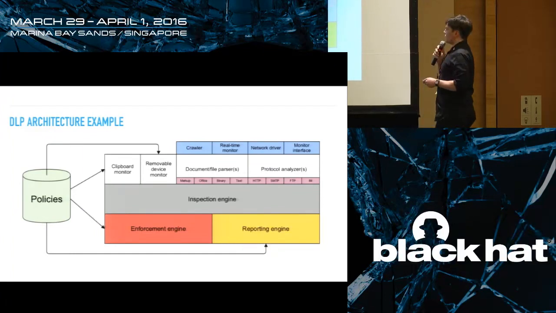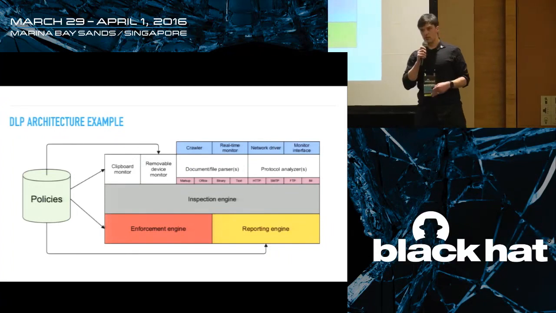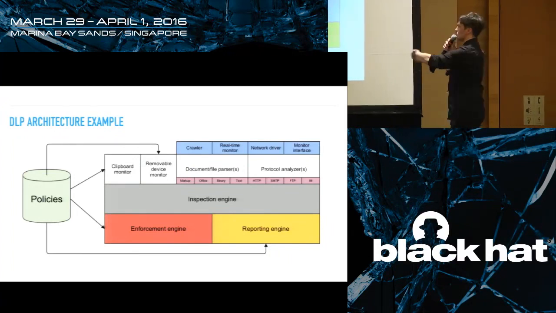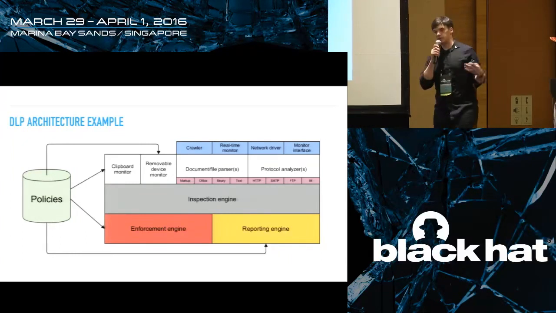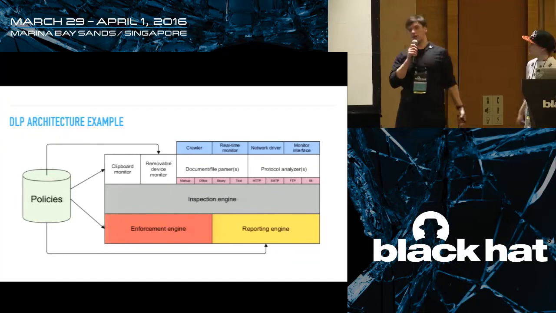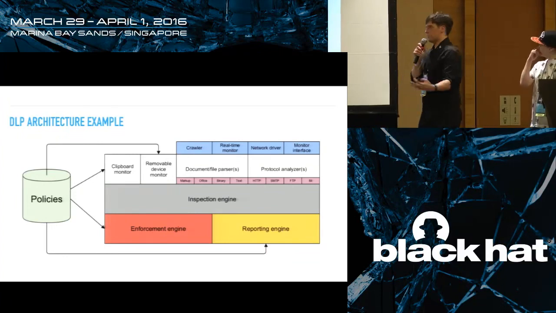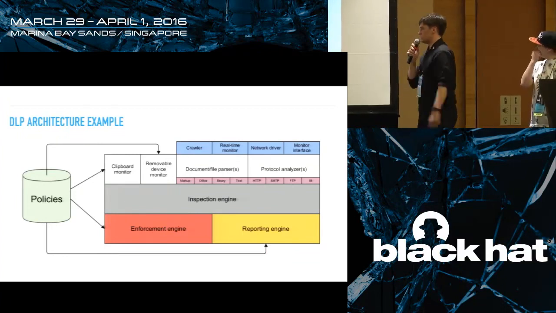The ones that also look at network traffic will typically install some sort of network driver, have some sort of way to monitor the interface, and then maybe, where possible, actually analyze and parse specific protocols. So HTTP, making sure that you're not downloading or uploading something that has PII or some sort of sensitive data.